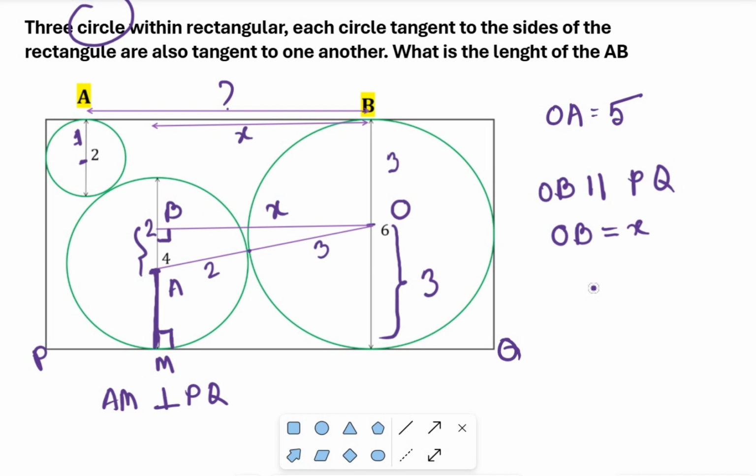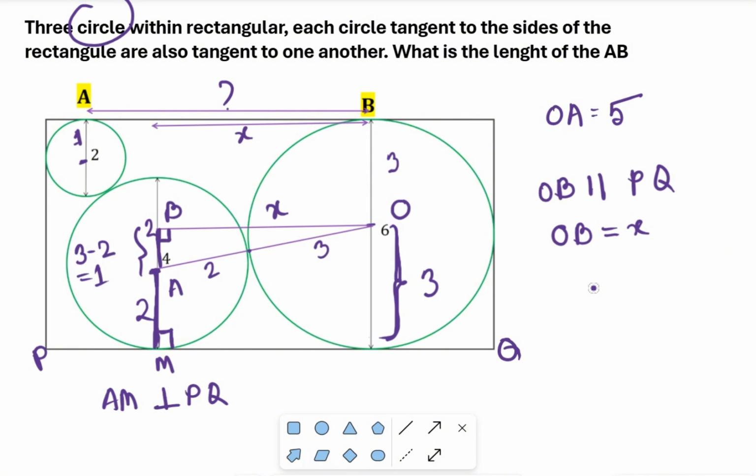So up to this length is how much? 2. And if we consider from O to this length is 3, so this length will be 3 minus 2, so this will be 1, right?